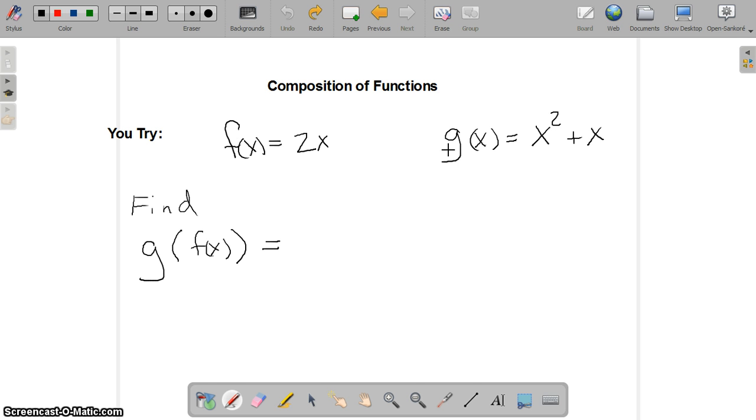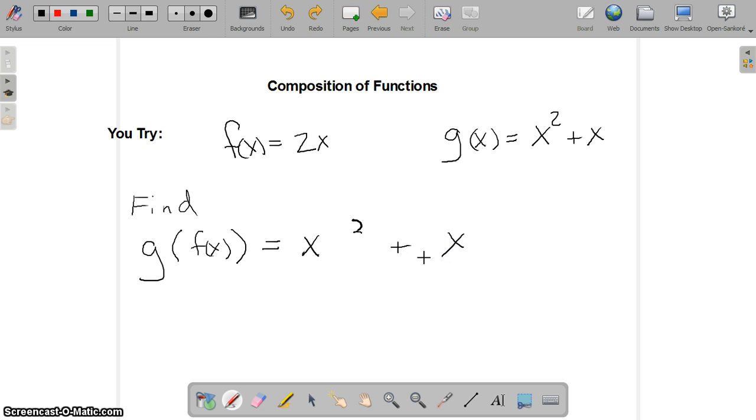How'd you do? Hopefully you did okay. I'm going to do it the long way like I was showing you before, using my cutting and pasting. I'm going to take this g function and rewrite it, just leaving some space. You don't have to do this, but I'm trying to make it visually clear what you're doing with this substitution.